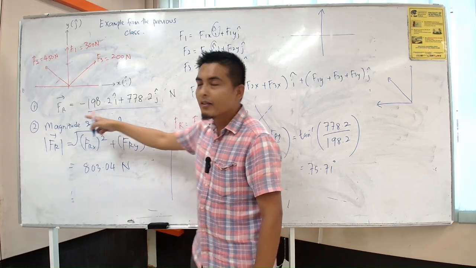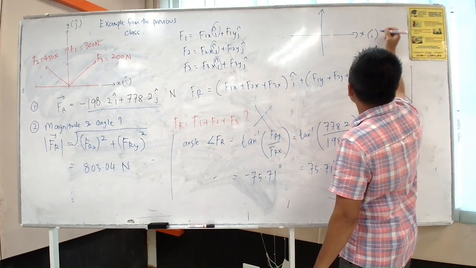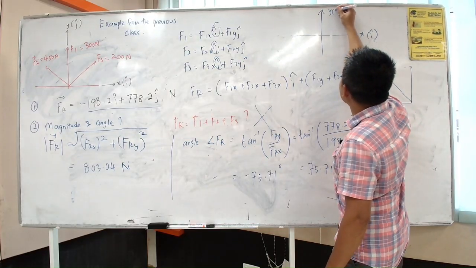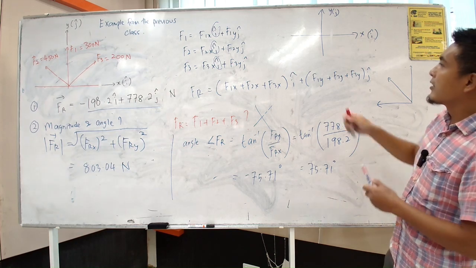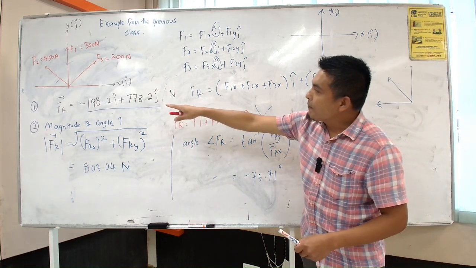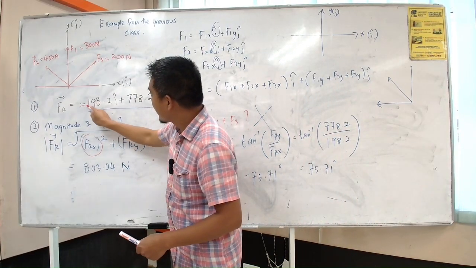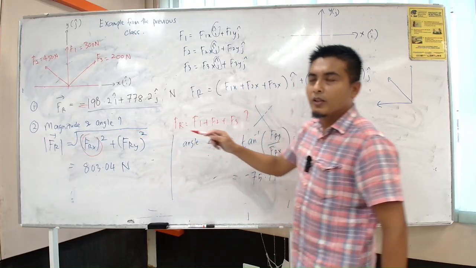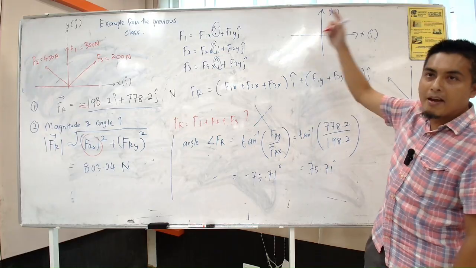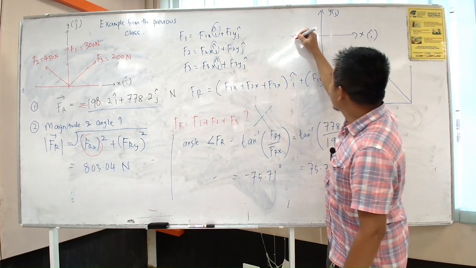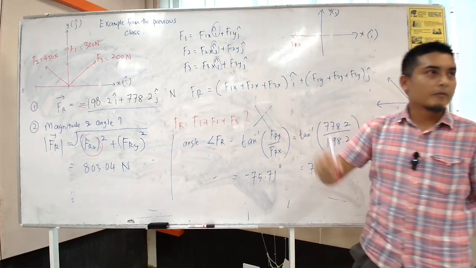Is it correct? You look at this, X is the I direction. This is Y in the J direction. If you look at here, the FRX value is negative. So it means FRX is to the right or left? So FRX is in the left direction.